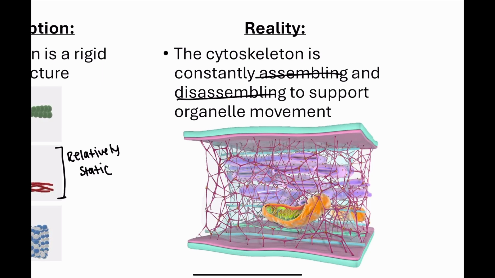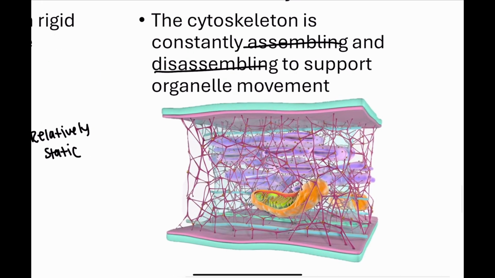When we're looking at this image, we can see this really intricate network of the cytoskeleton, and we see organelles that are interwoven into that cytoskeleton. That cytoskeleton has to be flexible, dynamic, and responsive, because our organelles need to move within our cell. If our cytoskeleton wasn't dynamic, we wouldn't have the appropriate function of cells.